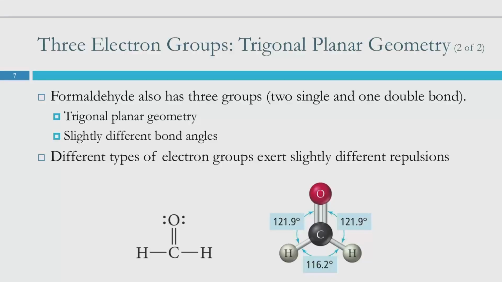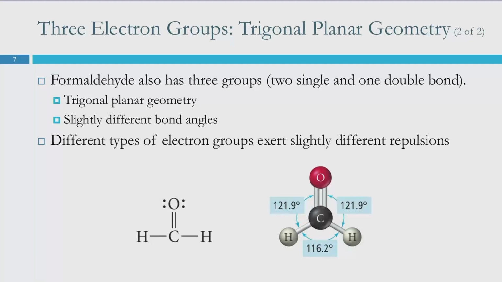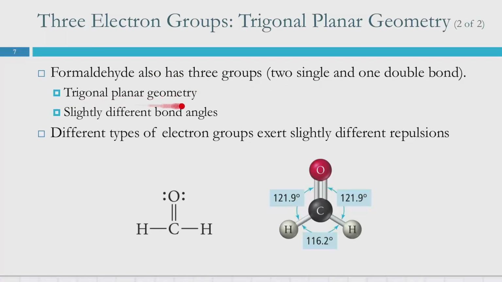So trigonal planar geometry, we can also have stuff like formaldehyde. Formaldehyde also has 3 groups. It's got 2 single bonds and 1 double bond. So it still has trigonal planar geometry, but it has slightly different bond angles. So our double bond has extra repulsive force than a single bond. So our double bond exerts more repulsion.